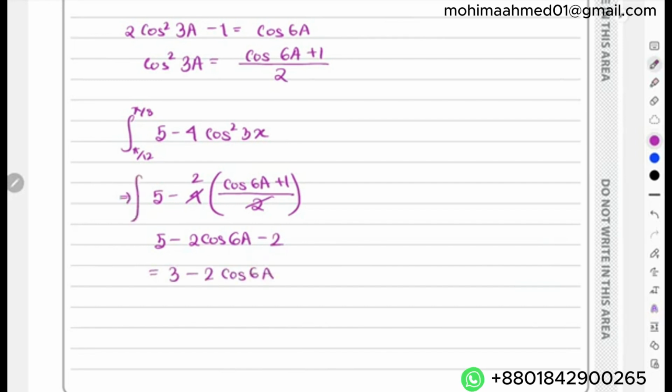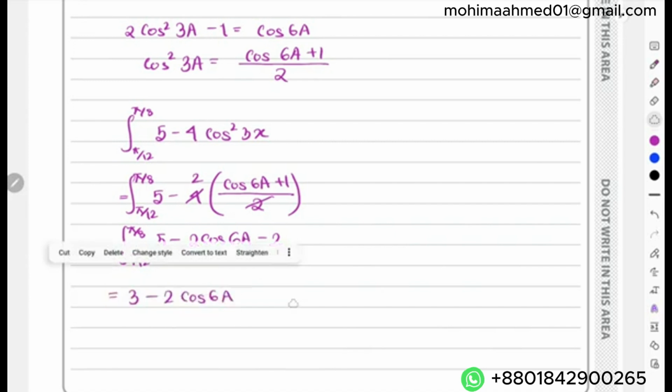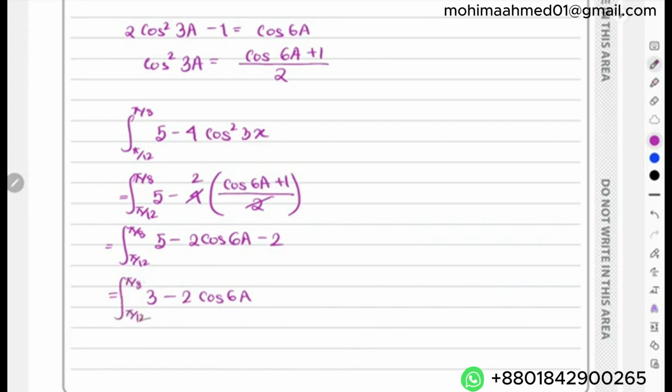Obviously, we did not do any integration till now, so we'll write that integration sign in front. Pi by 8, pi by 12, and then again pi by 12. Okay, so then we'll move on to the integration process.